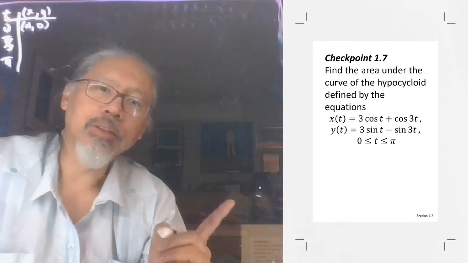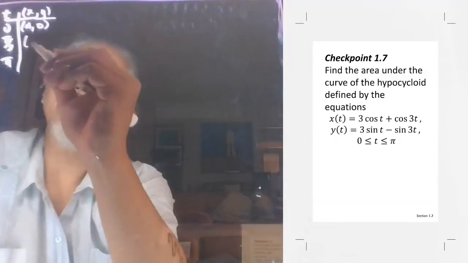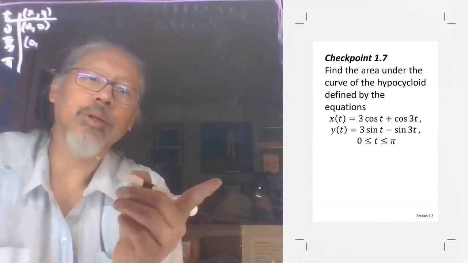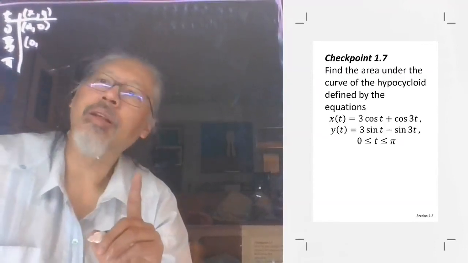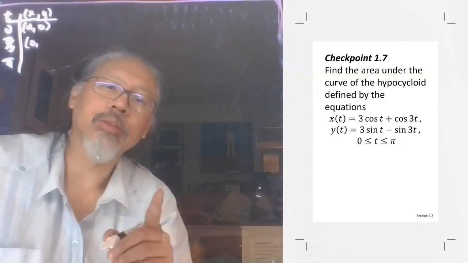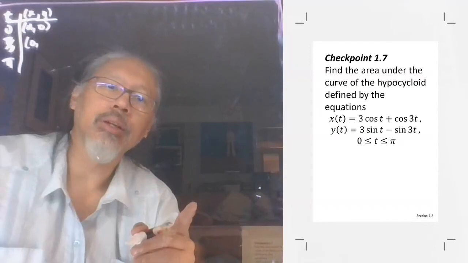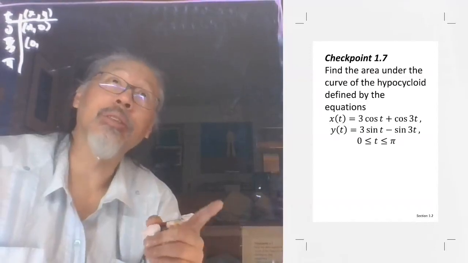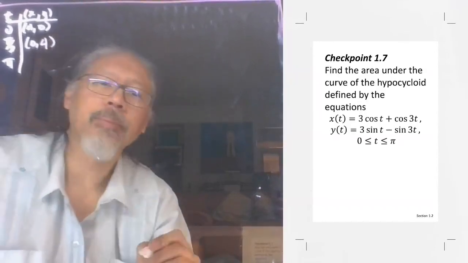When we put pi over 2, cosine of pi over 2 is 0, so the first component is 0, and the second component is 3 sine of pi over 2, which is 3, minus sine of 3 pi over 2. I think that goes down, so that's negative 1, so this gives a 4 also.